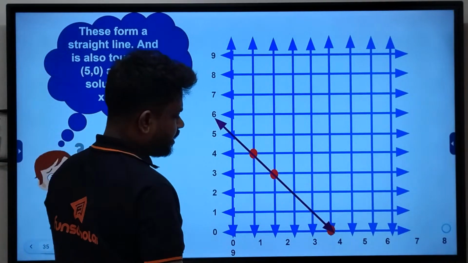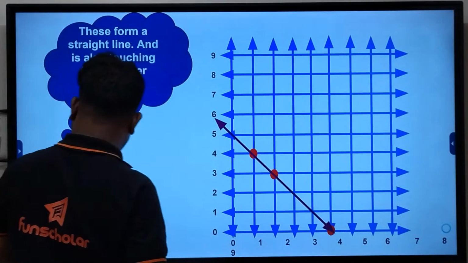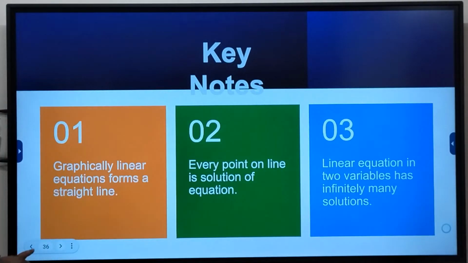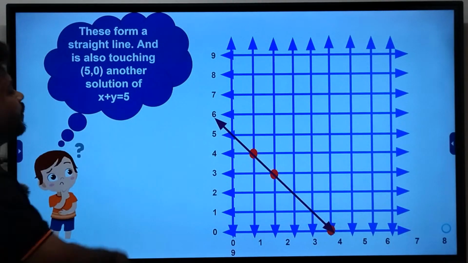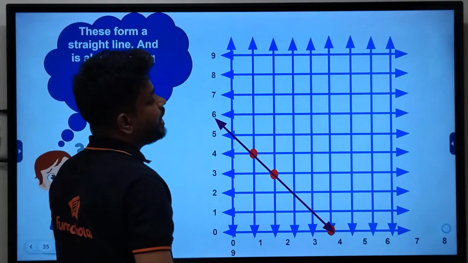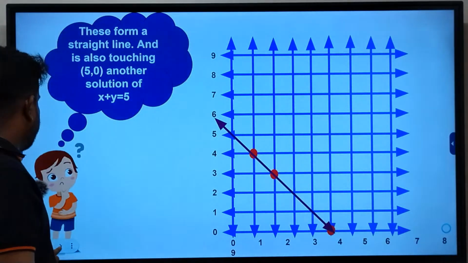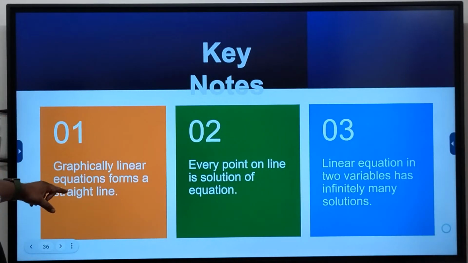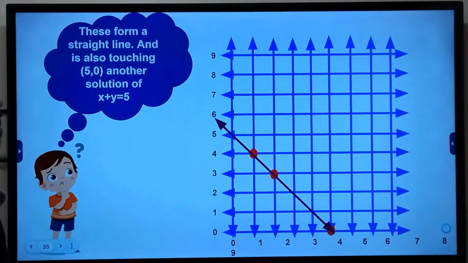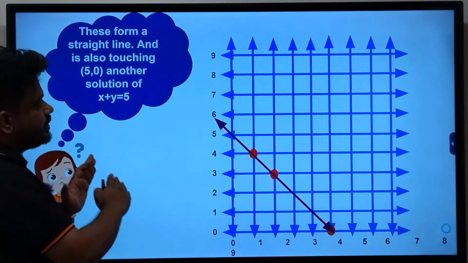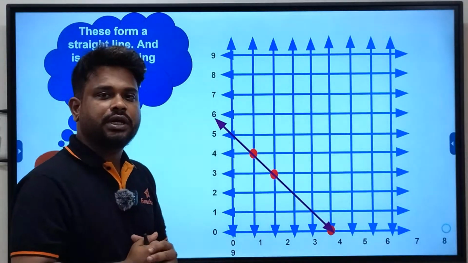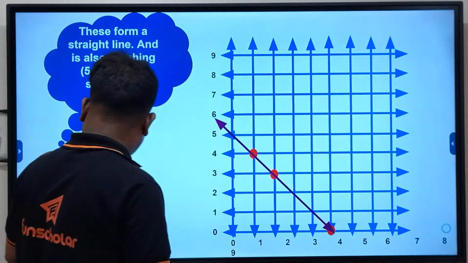In our next slides we have to find the equation of this straight line, which can be solved by the process of linear equations in two variables.